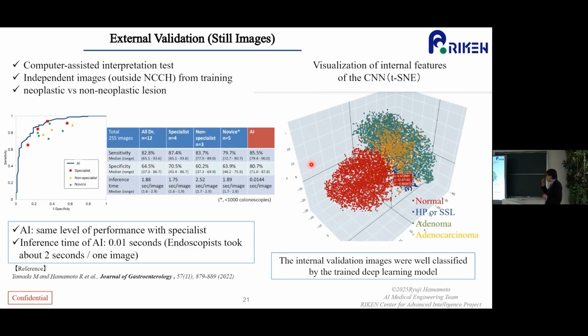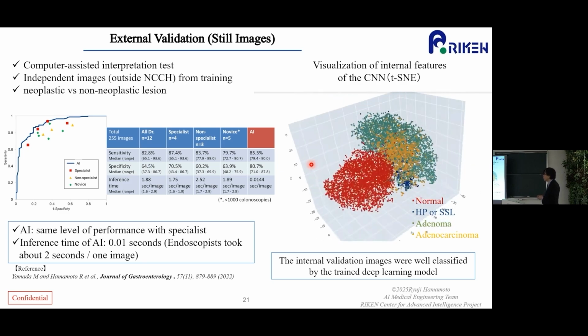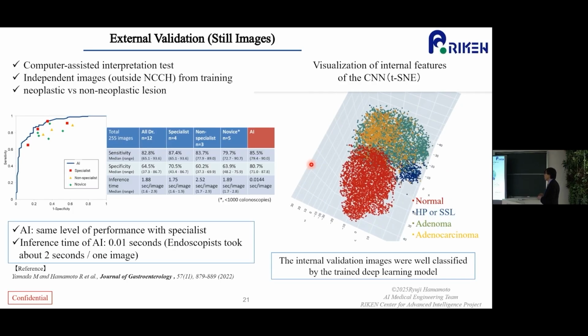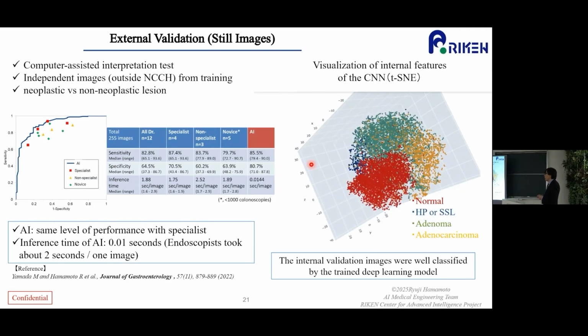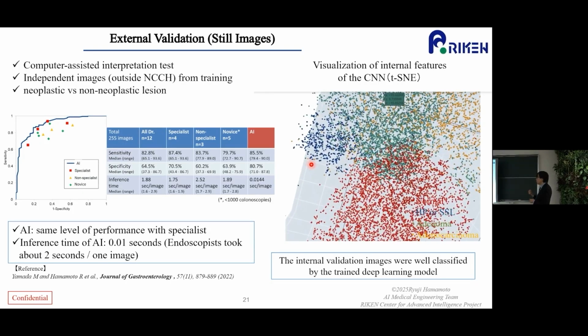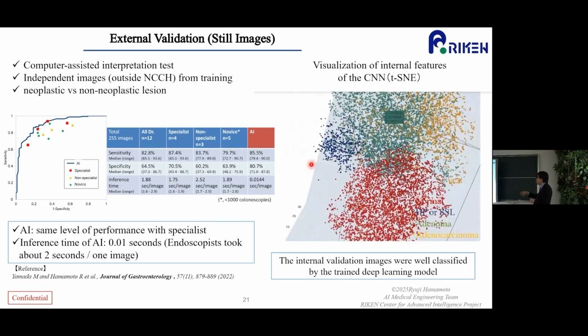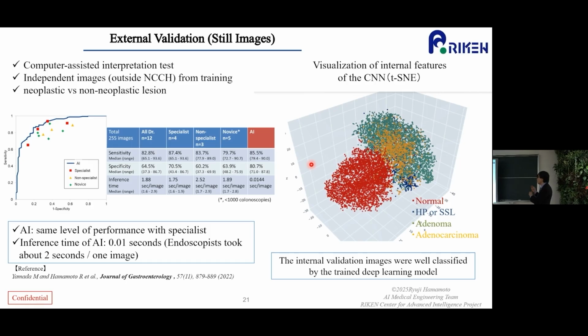We also conducted a clinical trial, and the important point is that the performance of our AI model is as good as a specialist human physician, and the inference time of the artificial intelligence is 0.01 seconds. On the contrary, the endoscopist took about 2 seconds, which means this AI system identifies the region and the pathological features more quickly than a human physician.